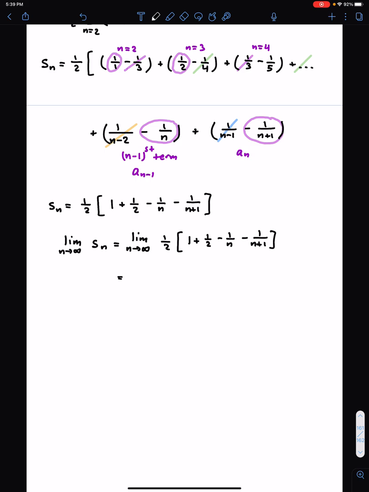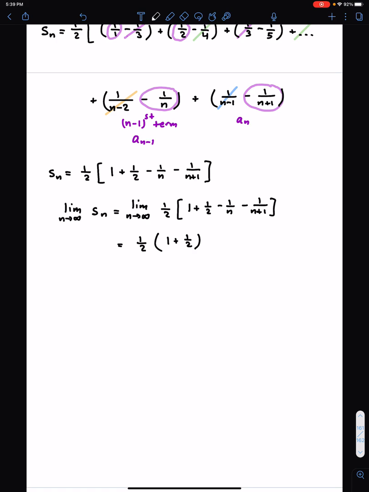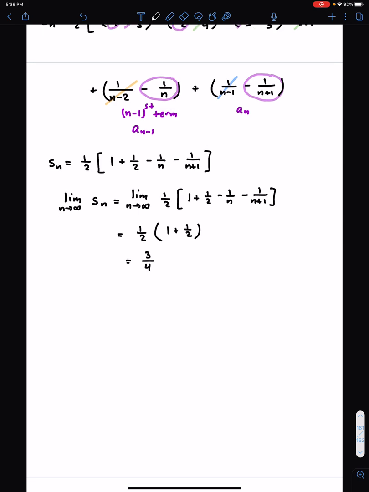So this limit is equal to 1/2 times 1 plus 1/2, which is equal to 3 over 4.